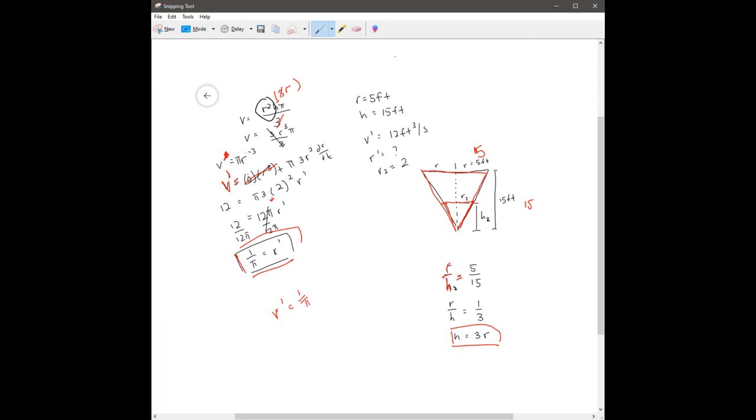Okay. So your picture confused me. You said we're using similar triangles. Which 2 triangles? The big one, which is the cone, and the small one, which is the water that's filling the cone. If you use those two, the side on top wouldn't be 5, because 5 is the radius.